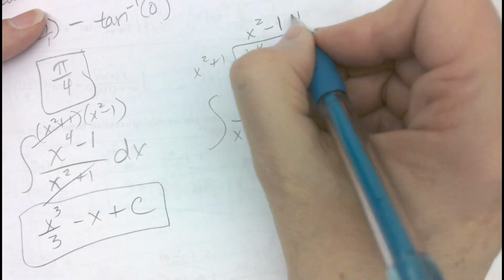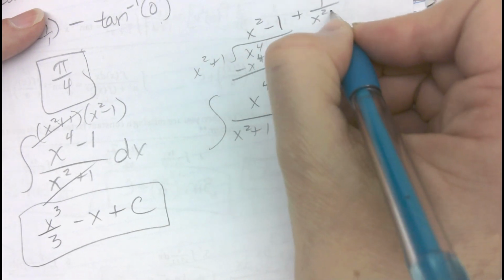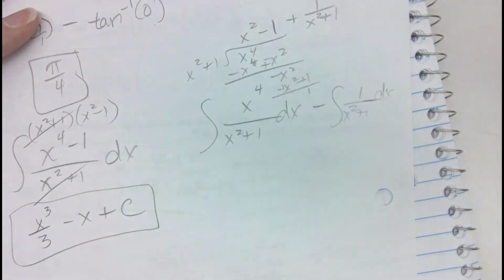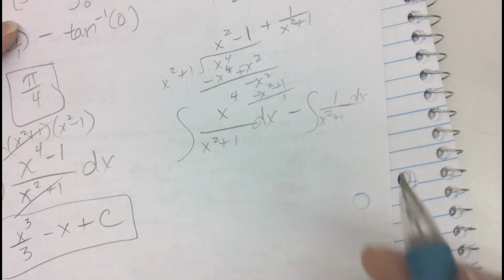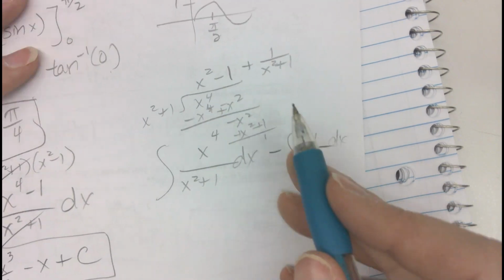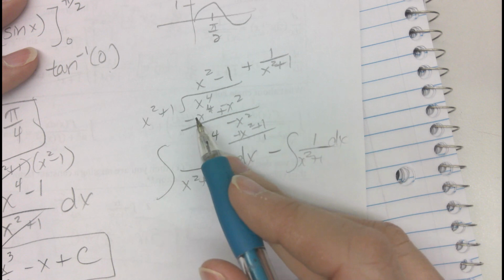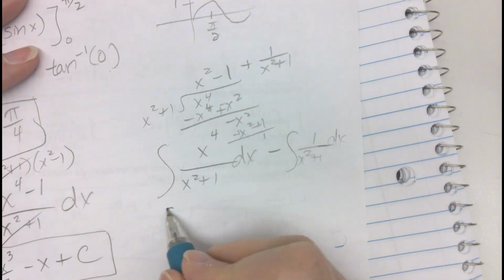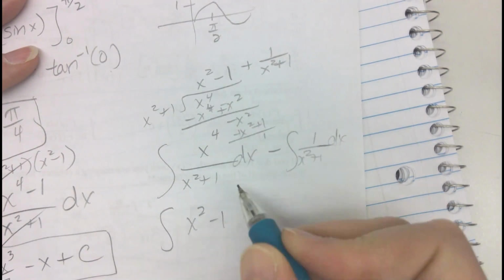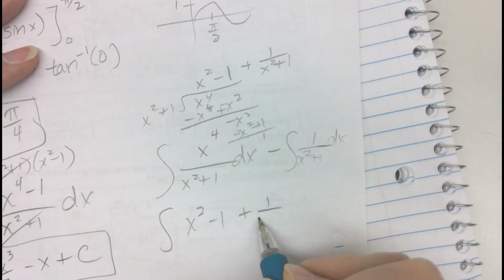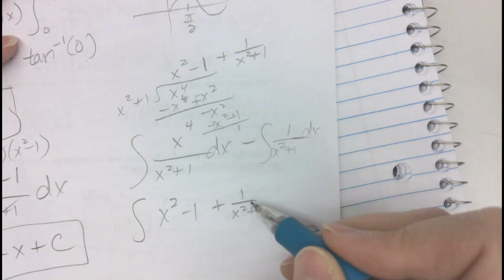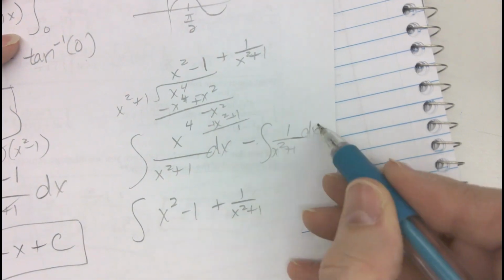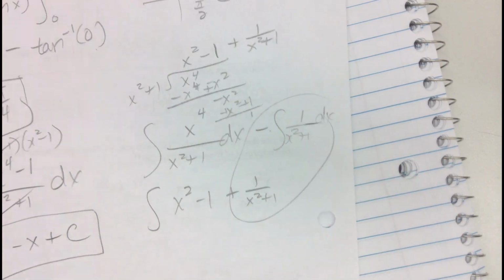That's long division. Oh, there it is. Here's what happens. When I long divided it, I got x squared minus 1 plus 1 over x squared plus 1, and I've got a plus and a minus of the same thing. So they would cancel. I've proven it to myself.